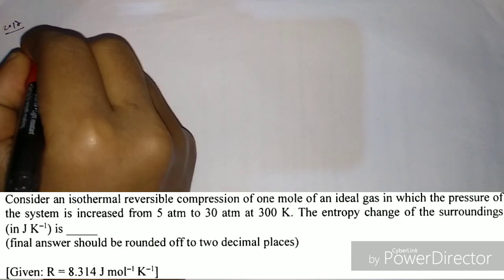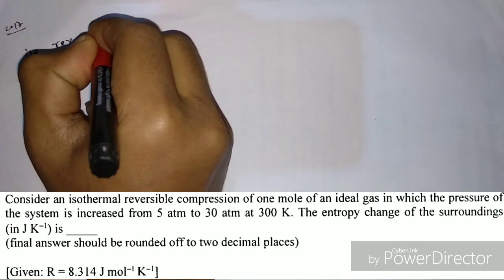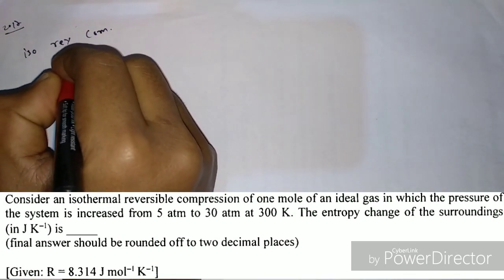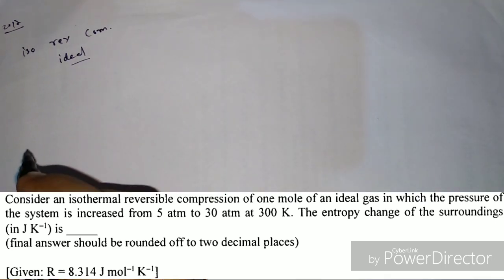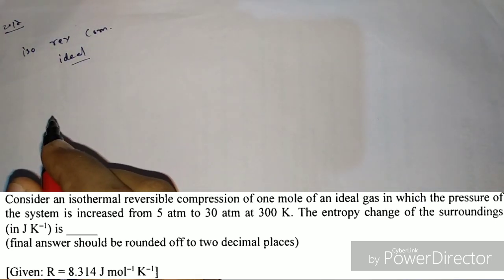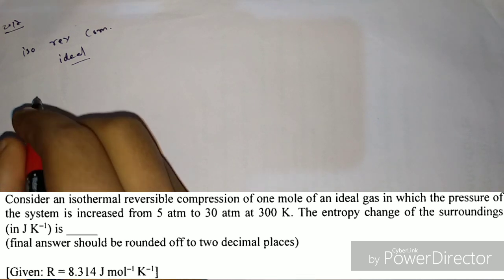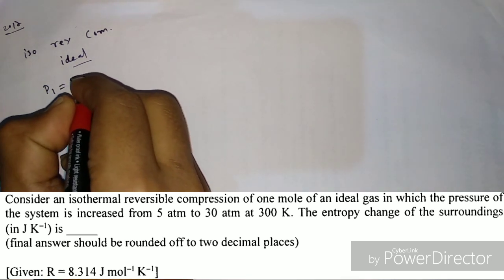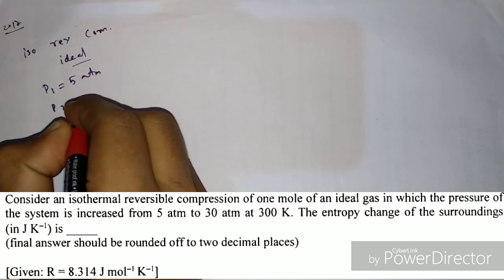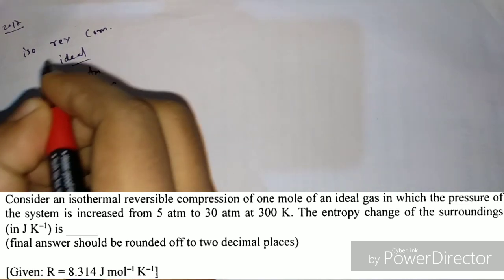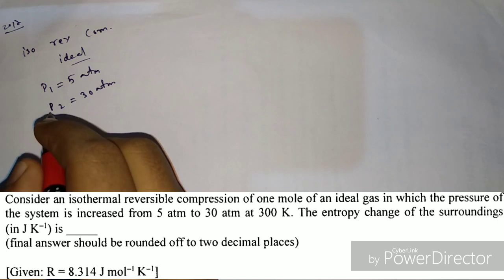The next question, from 2017, is about isothermal reversible compression of an ideal gas, in which 1 mole of ideal gas has its pressure increased from P1 = 5 atm to P2 = 30 atm. Find the entropy change of the surroundings.